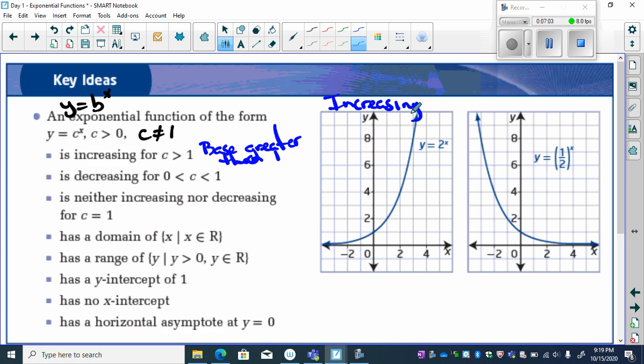They're getting bigger. Versus a decreasing function. If I work my way from left to right, on the left my y values are high. As I move towards the right, the further right I move, the smaller my y values get. And in order for that to happen, my base has to be between 0 and 1.